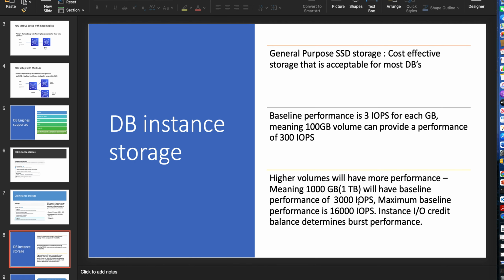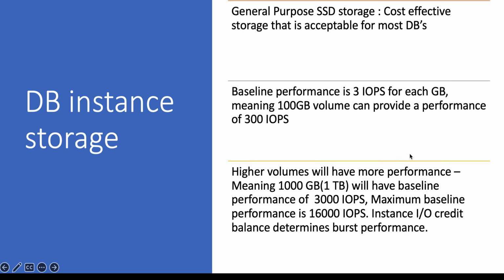So what is General Purpose SSD? This is a cost-effective storage that is acceptable for most databases. It has a baseline performance of 3 IOPS for each GB, which means that if you allocate 100 GB of storage, you get 300 IOPS.